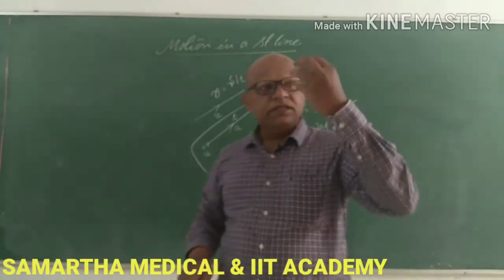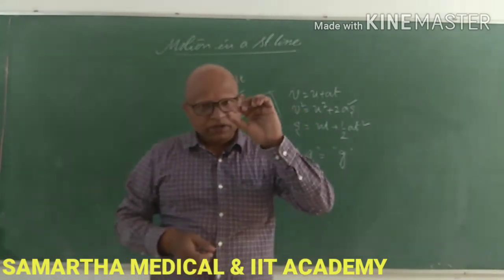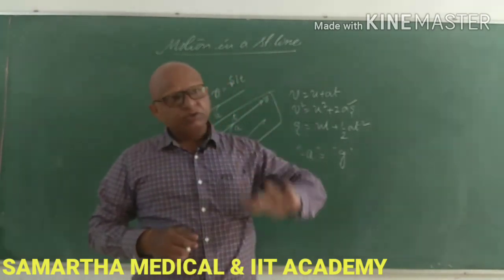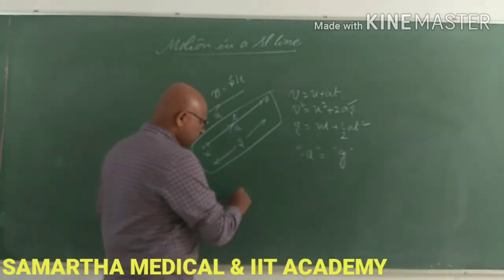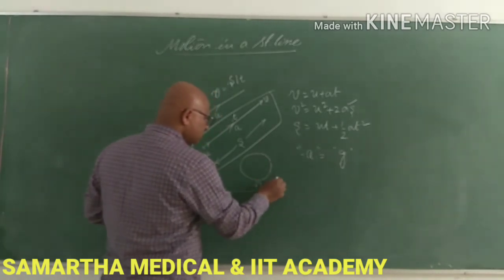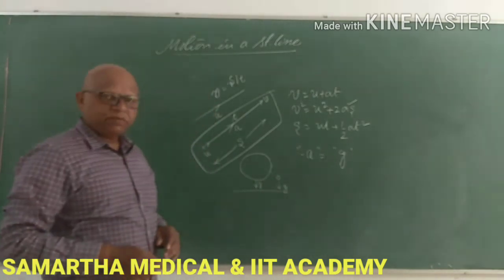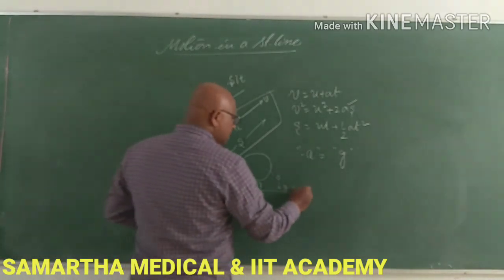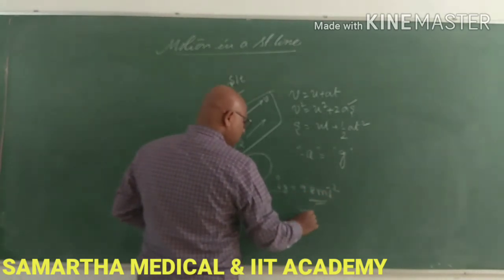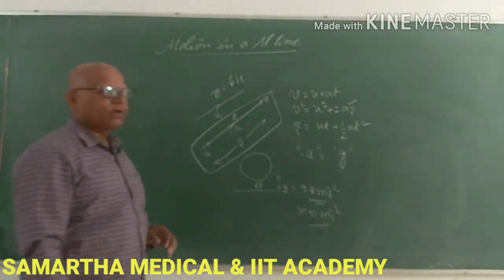Things fall, whether it is a big rock or a small stone, all of them fall towards earth with the same acceleration. That acceleration is 9.8 meter per second squared. Approximately, in some calculations, we will take it as 10 meter per second squared.